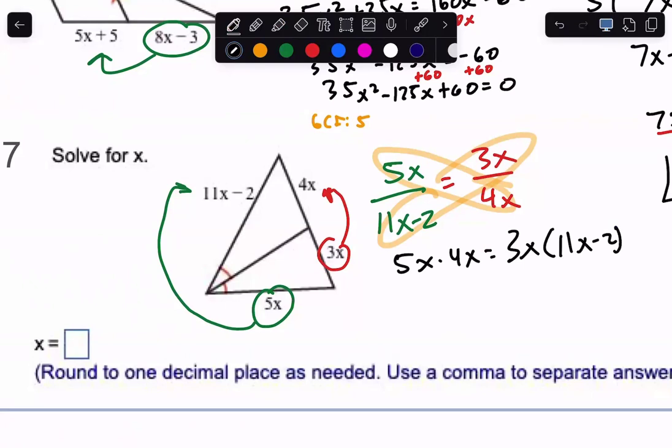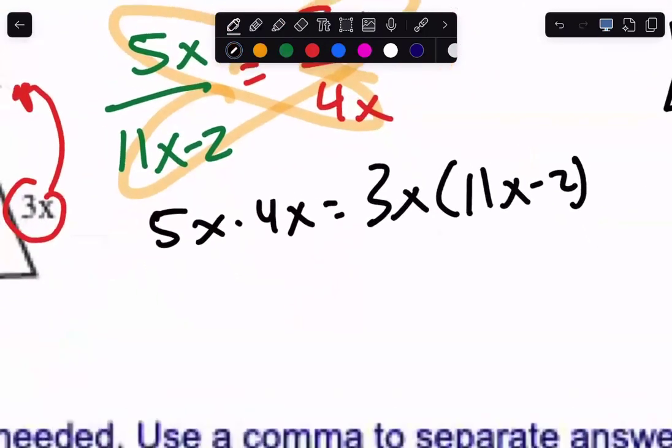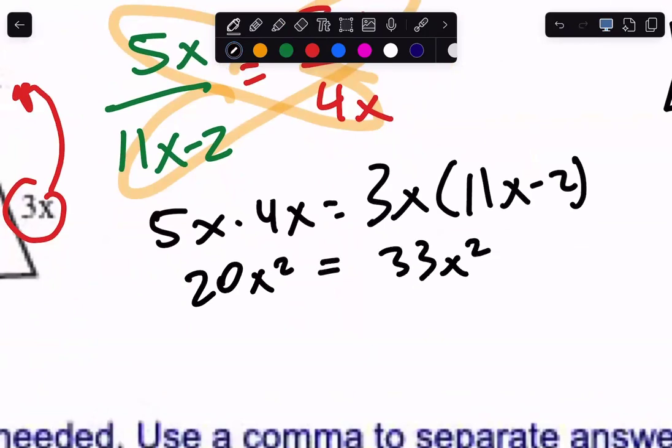Anytime you multiply a monomial by a binomial, I will always recommend you write the parentheses. So we will have 20x squared equals 33x squared minus 6x. I'll subtract 20x squared from both sides.